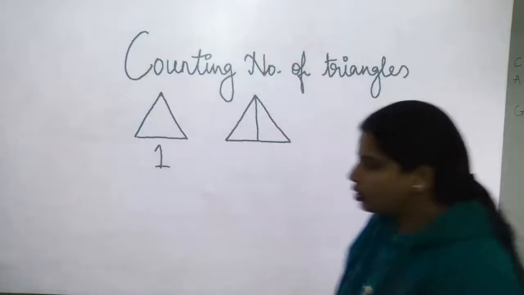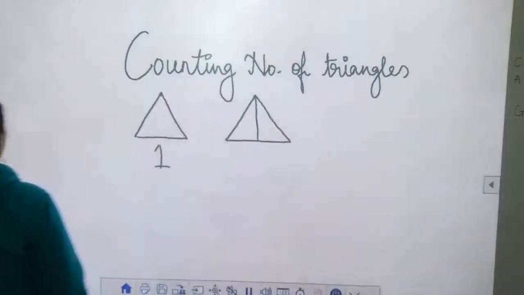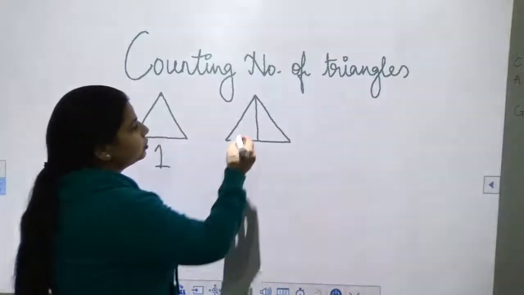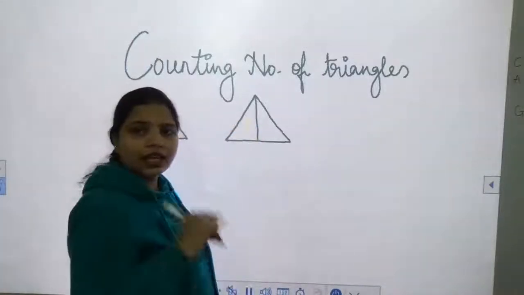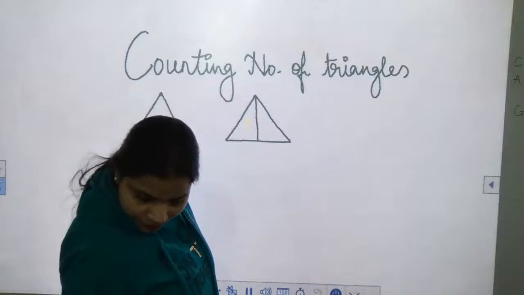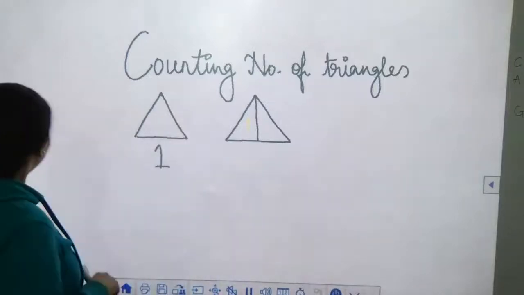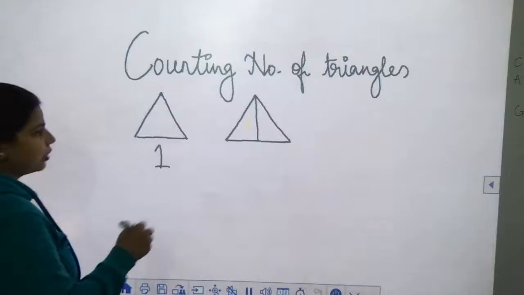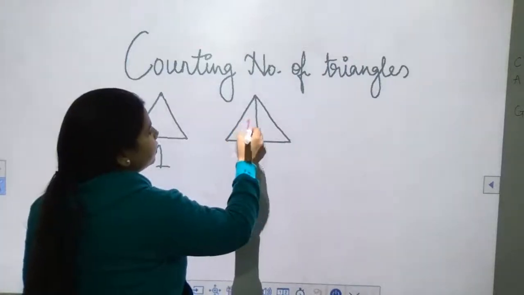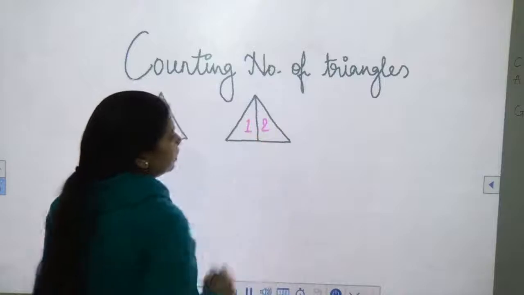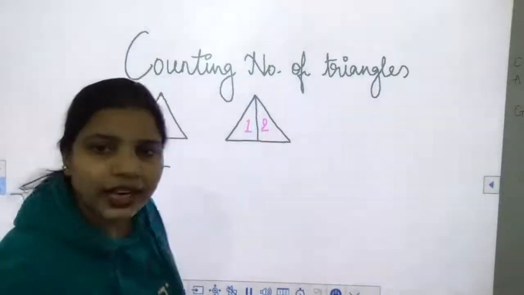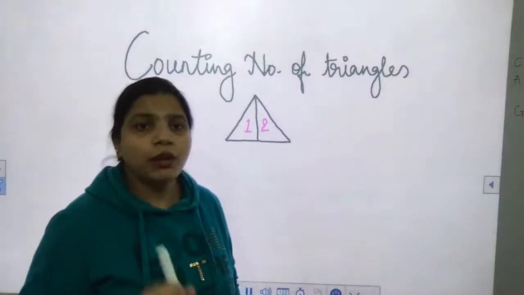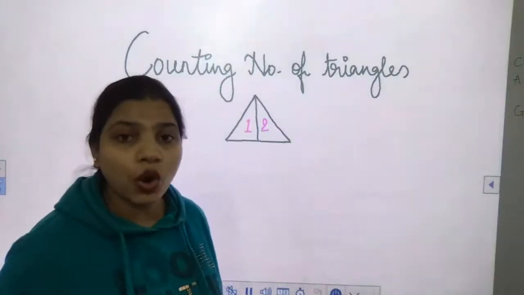Okay, fine. So let's count the number of triangles. For counting, first is the inner one. Let me change the color of the ink. Now, this is first, this is second. It contains 2 triangles. That means both of the students must have answered correctly. But no, you both have answered it wrong. How?